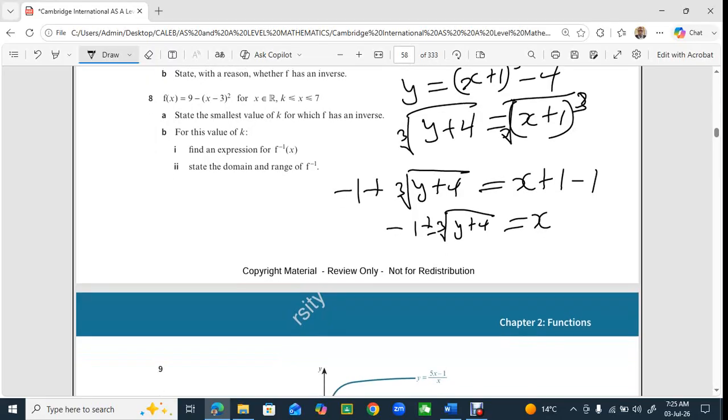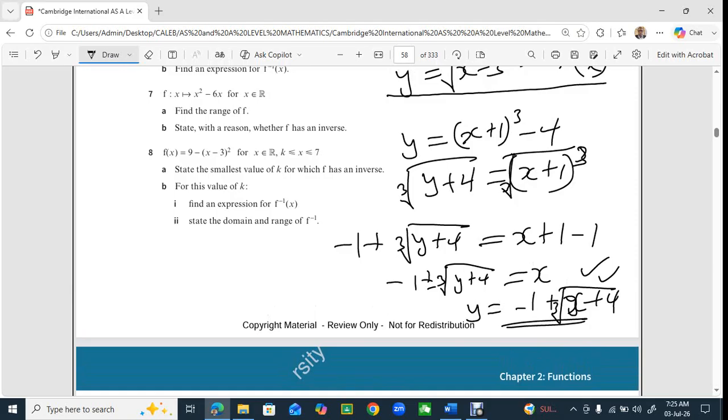Good. Now you interchange the x and y. Well done. So now you got y equals minus 1 plus the cube root of x plus 4. Good. Now I like your teamwork. I like how you all collaborate. This is good.